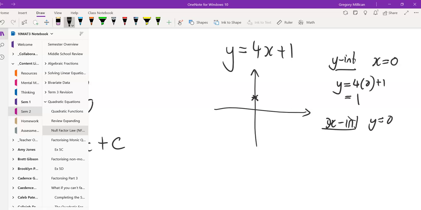What if I want to find my x-intercept? Y equals 0, so we're going to have 0 equals 4x minus 1. Can you quickly rearrange that and tell me what x equals?